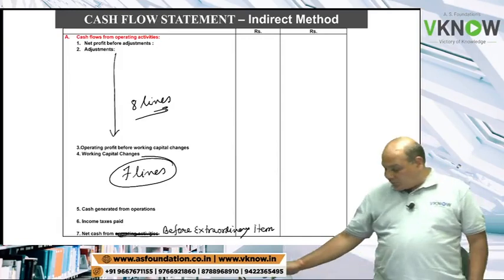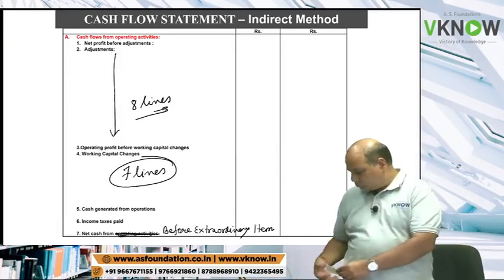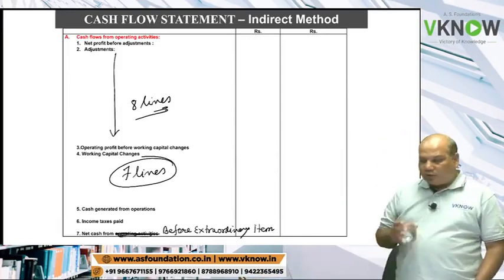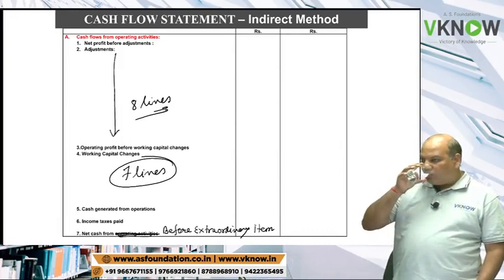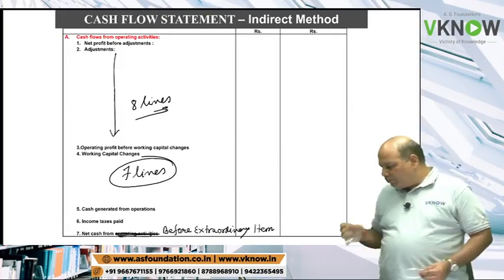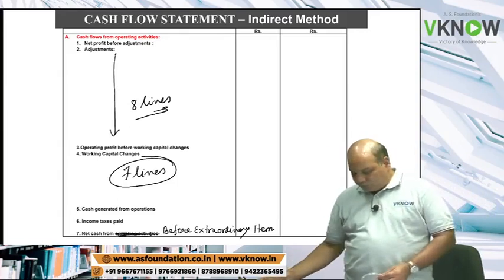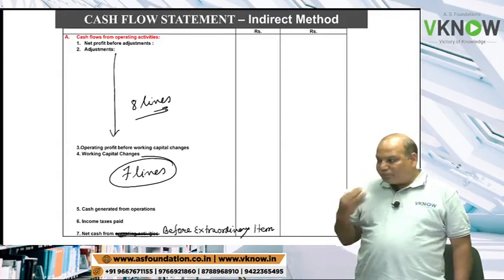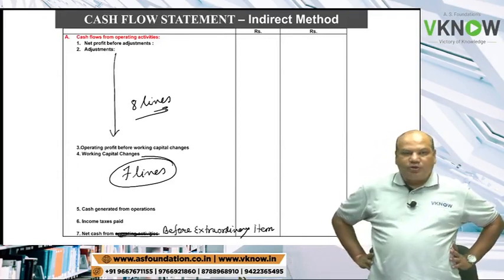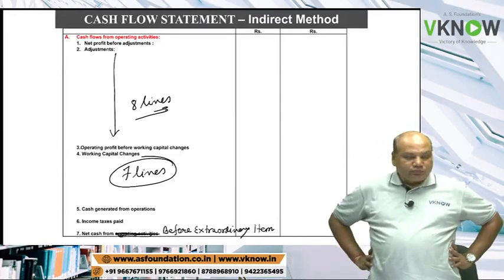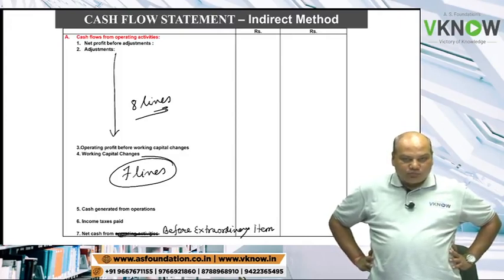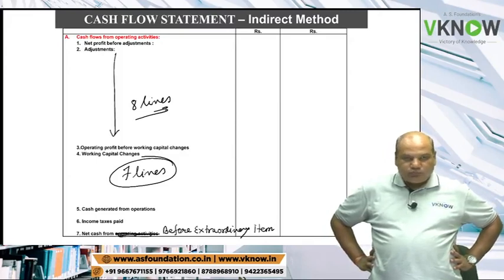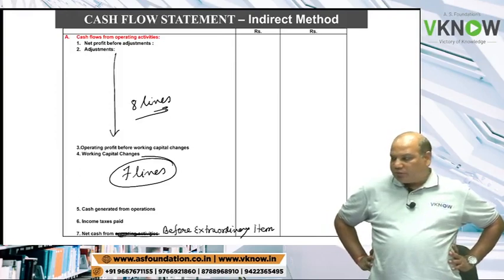Then point number 5, write down cash generated from operations.